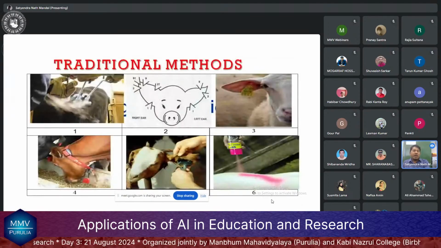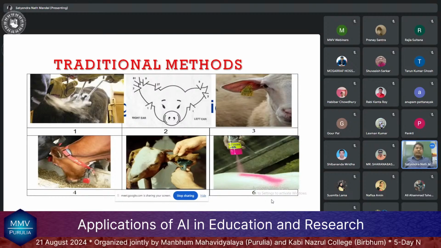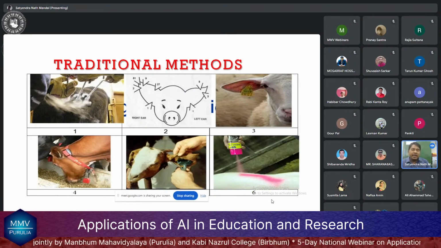Now, what is the technology behind it? They maintain a traditional way. They can brand it, they can cut their ear, they can put the tag. This is temporary marking. But all of them are cruelty to the animal.